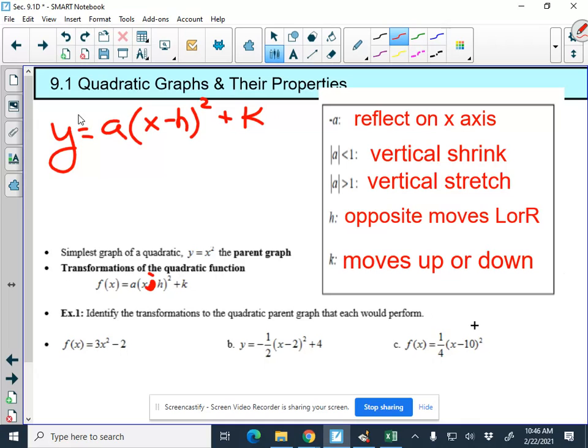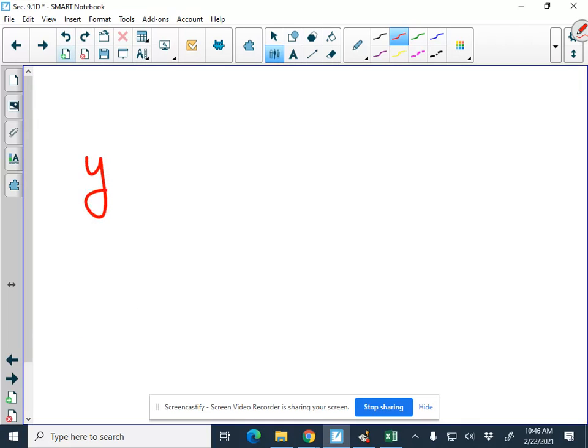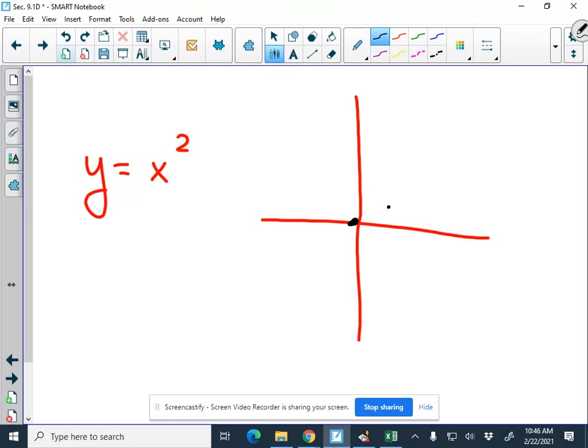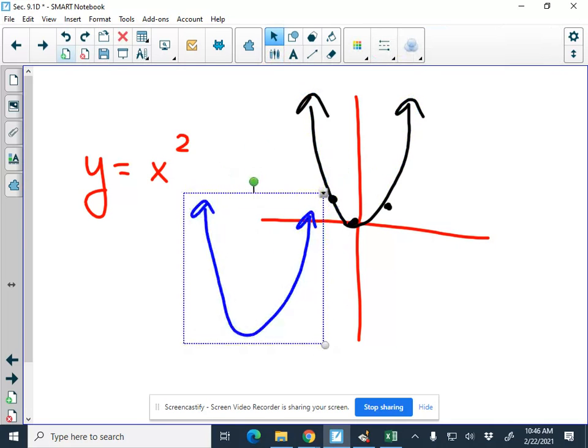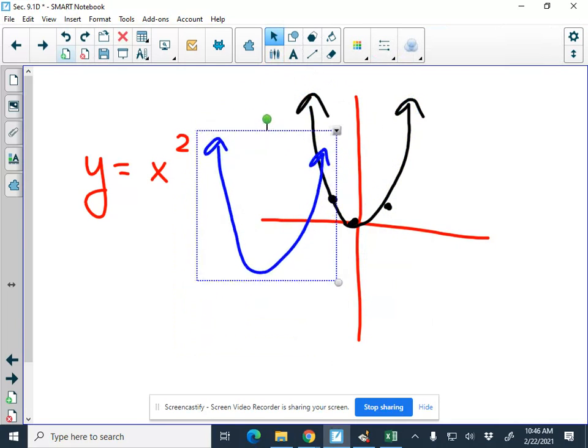Simply talking about the graph, here's the basic graph, y equals x squared. We graphed it quite a few times. If you remember, we would graph a point, then we'd graph one here, and we'd see that parabola. So what we're going to talk about today are the different ways we can take that parabola and what we do with it. The black one is the parent function.